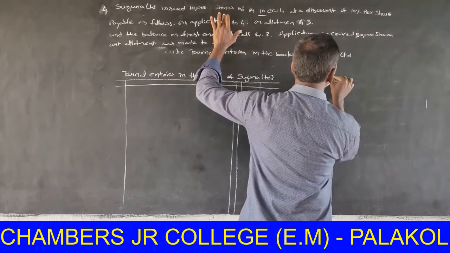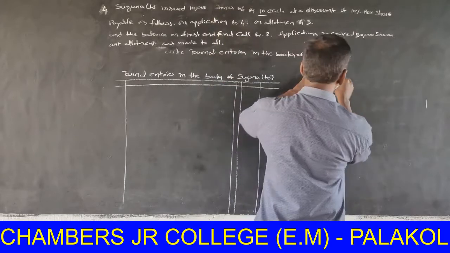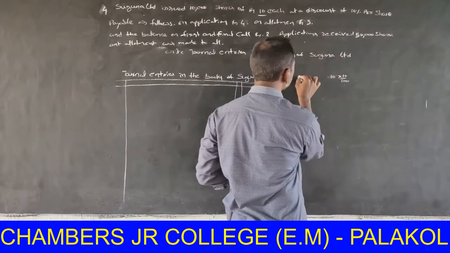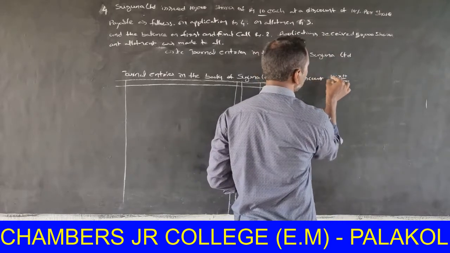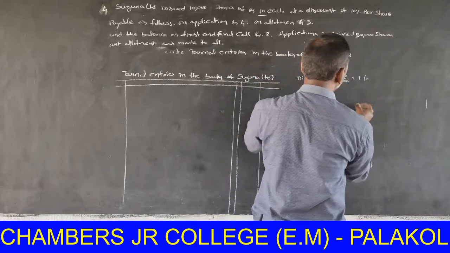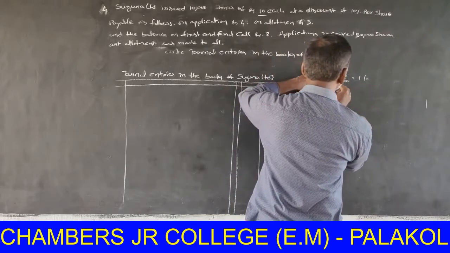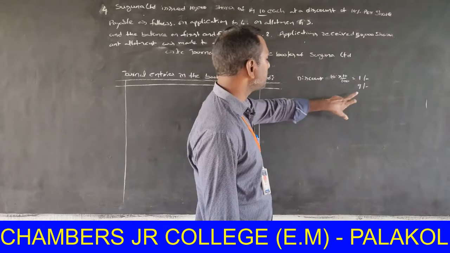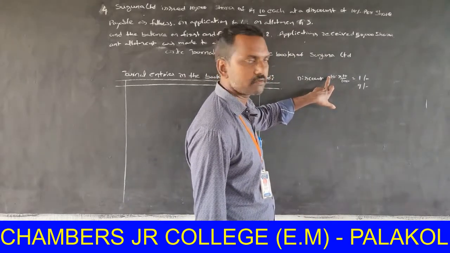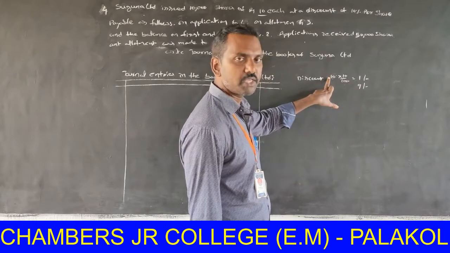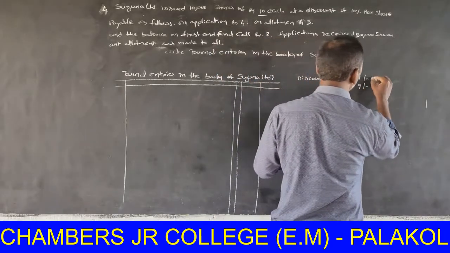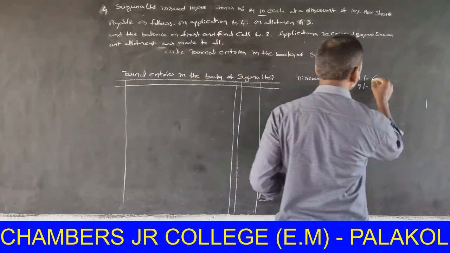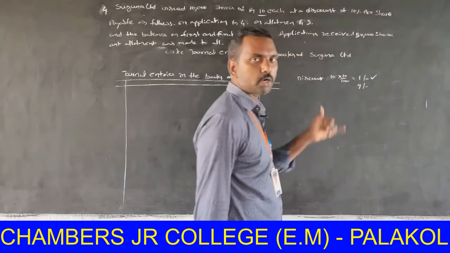Here the share value is 10 rupees and the company issues the share at 10% discount. 10% means 10 into 10 by 100, 1 rupee. Here the company issues each share for 9 rupees. This is the issue price and this is the face value. The difference between these two is 1 rupee. This is called discount. This discount is treated at the time of allotment.